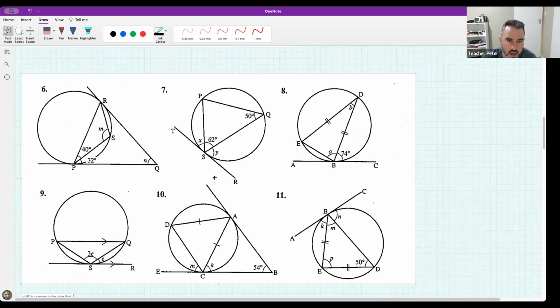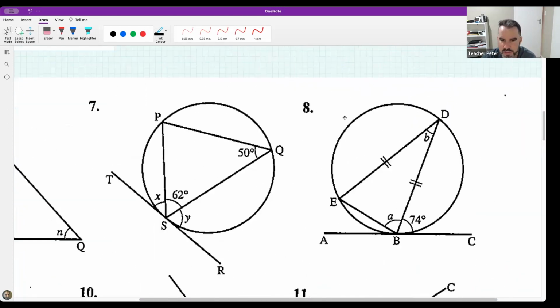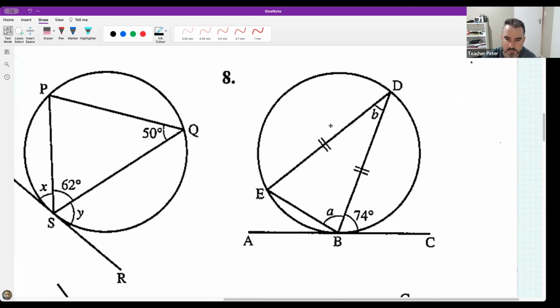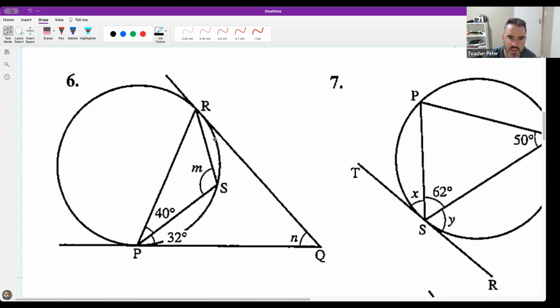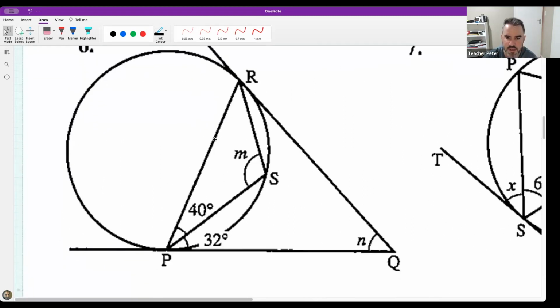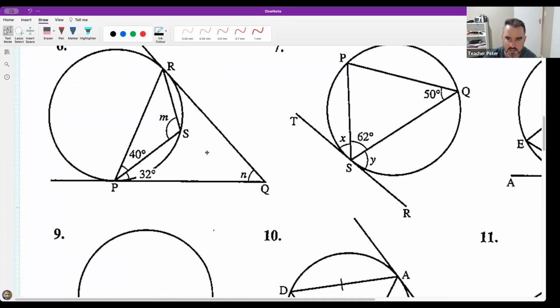I want to start by doing number 6. I don't think we've done number 6 yet. Tell me if we have, but let's do number 6 and number 7.